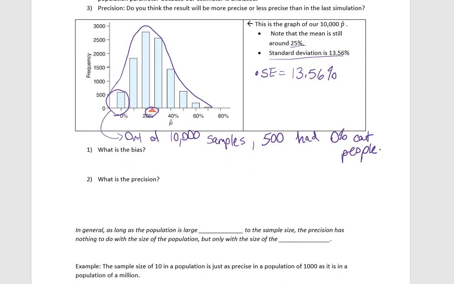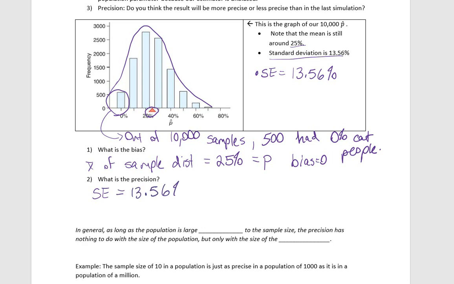The way you can prove that is that the average of our sample distribution equals 25%, which is also equal to our population, which means our bias is 0. The precision is we expect to be off in our sample, on average, about 13.56%.